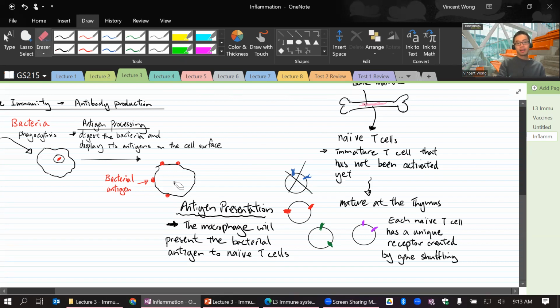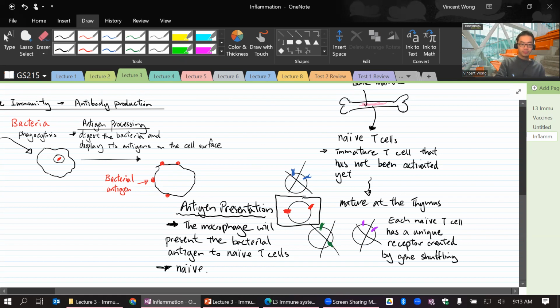And then the macrophage will move on to the next one. Hey, we got infected by these red bacteria. Are you able to help? So in this case, this cannot help, this cannot help, and this will be the chosen one. Okay, do you understand?